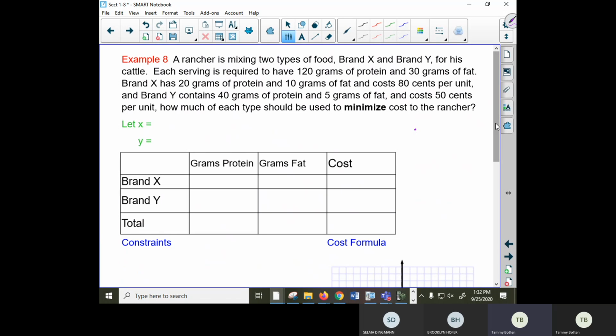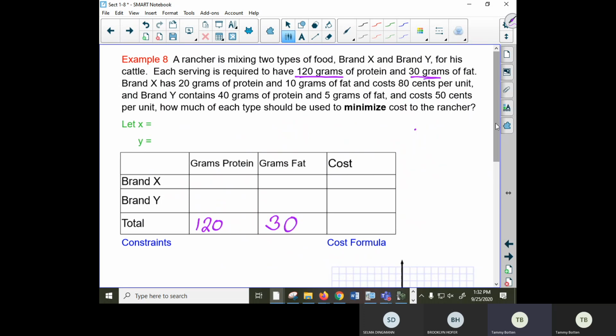This one here is talking about mixing 2 types of food, brand X and Y, for his cattle. Every serving is required to have 120 grams of protein. So in all, we want a serving total to have 120 grams of protein and 30 grams of fat.